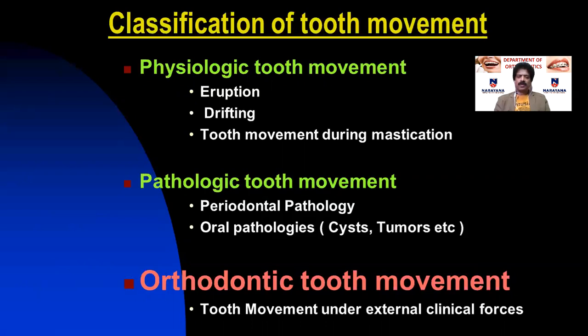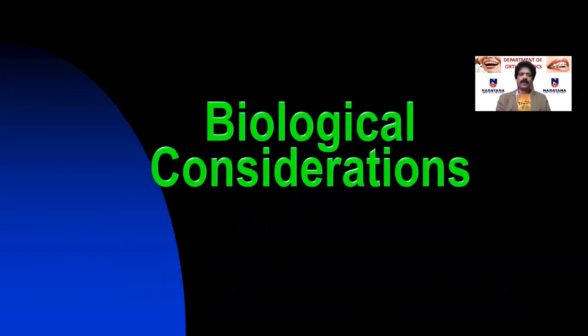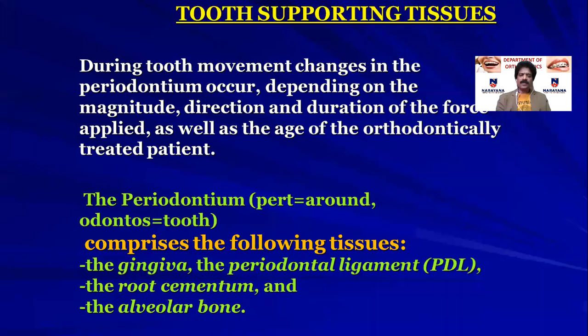These are the pathological tooth movements. But today's class is about the orthodontic tooth movement. Okay, this is today's class. So forget about the physiological and the pathological. Today we will be dealing with the orthodontic tooth movement. So the biological consideration, I just want to brush you quickly through the biological.